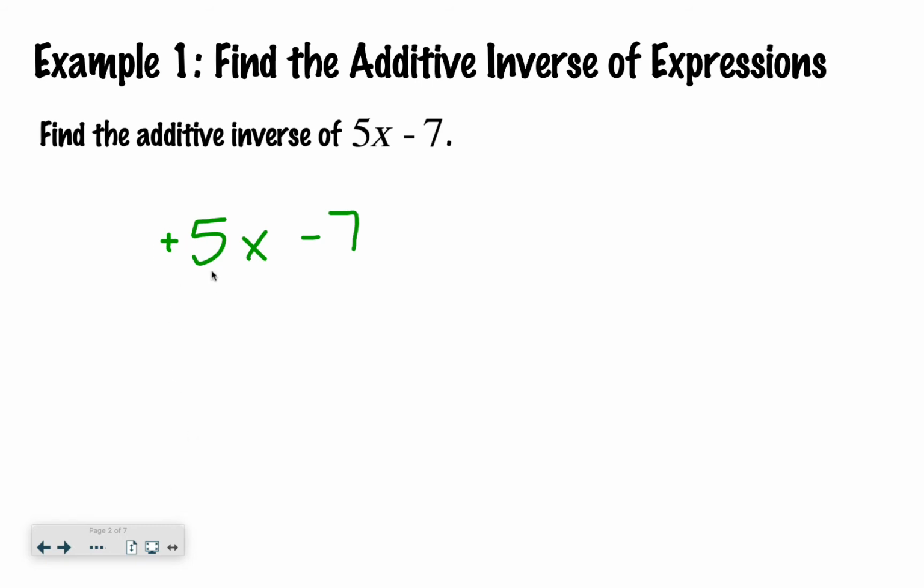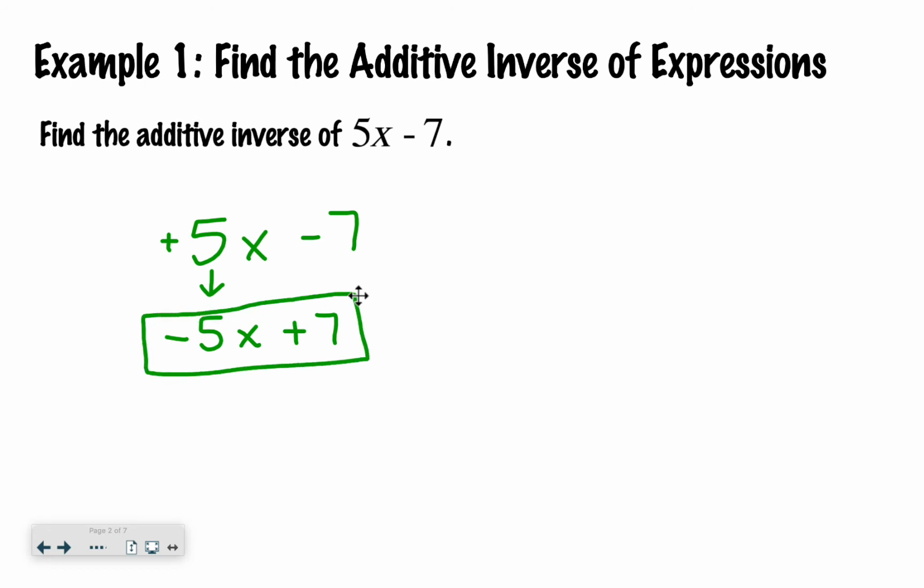So the additive inverse of that would be negative 5x, and then this minus 7 becomes a plus 7. That's all you do for an additive inverse, you change the sign of everything in your expression.